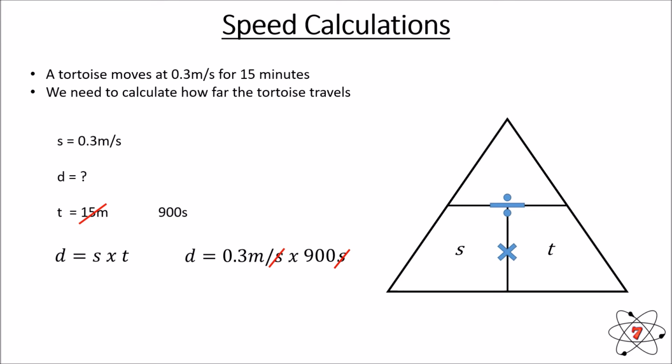Now the seconds are going to cancel each other out here, because we have meters divided by seconds multiplied by seconds. So these cancel each other out and we are just left with meters for our unit of distance. So 0.3 multiplied by 900 gives us 270 meters.